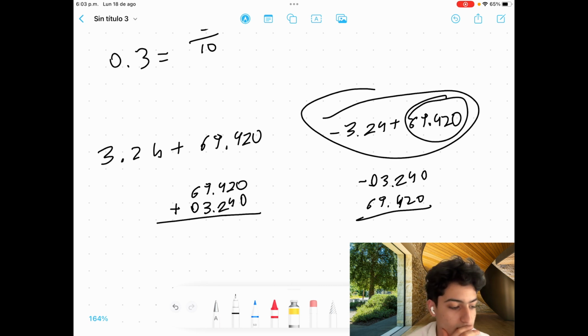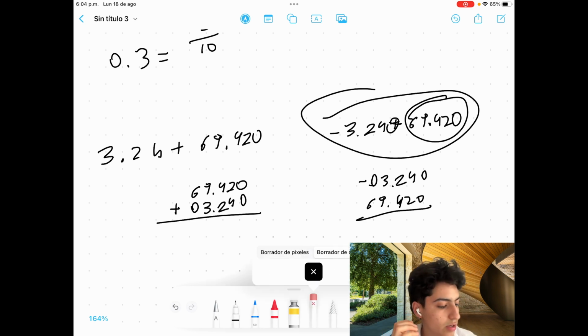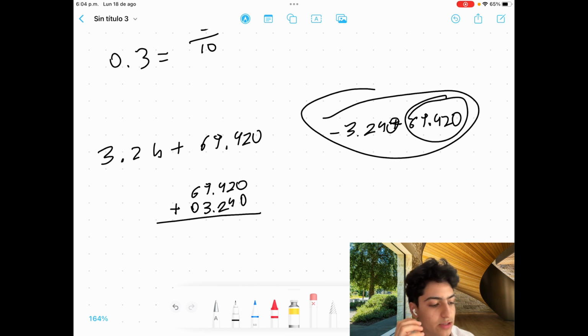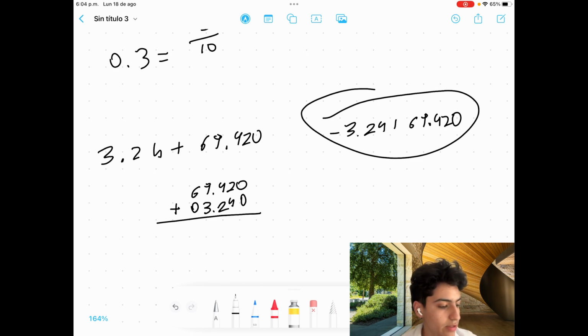You gotta always have the highest value at the top, no matter its sign. Like for example, here is a plus, but if it was a minus, it doesn't matter. Whenever you're performing addition or subtraction of an expression that contains different signs. If this was minus 3.24 minus that, doesn't matter.